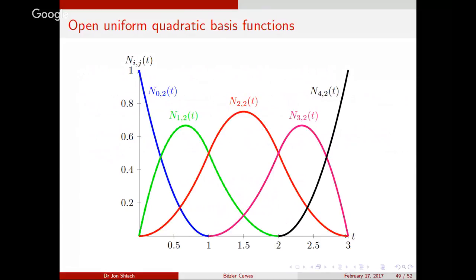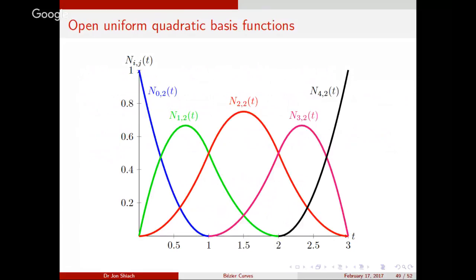One thing you notice is this red one here, that's the same as what we had before. That's a nice symmetric basis function. All the others are asymmetric. The blue one is asymmetric, and has a mirror image at the right-hand side.